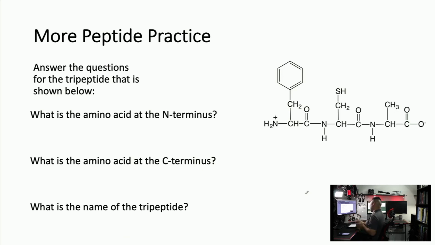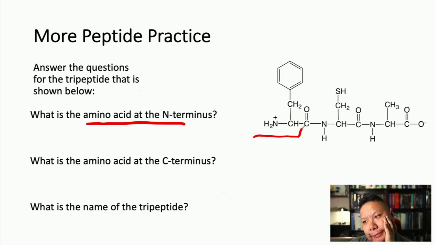Oh, more peptide practice. How exciting. Okay, what amino acid is at the N-terminus? Well, the amino acid at the N-terminus is this one right here. What is that one? Anybody remember? I'm giving you 5 guesses. Did you guys guess? I don't know if you did or not, but I'll go ahead and tell you.